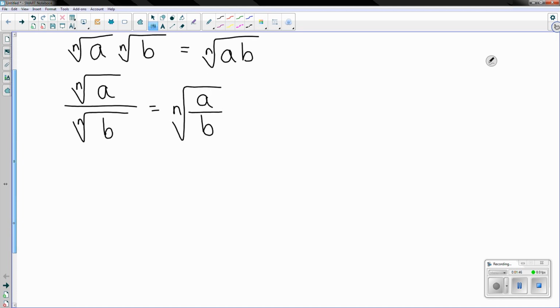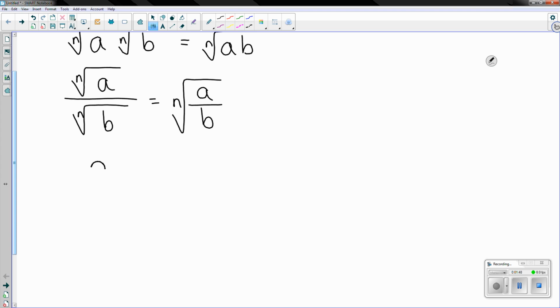And the last property we'll talk about is, let's say I have some expression A raised to the power of m over n. So this is a rational exponent. So we have this ratio of two values. And in the event we have a rational exponent, we know a radical is present.